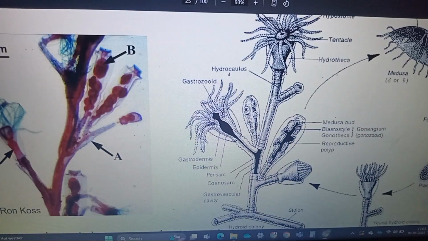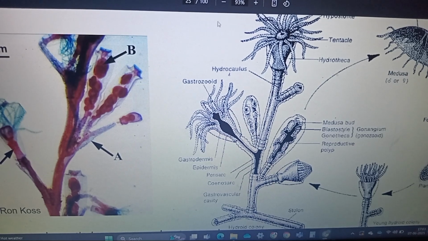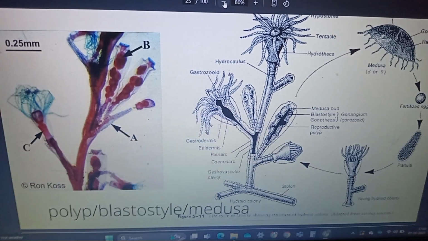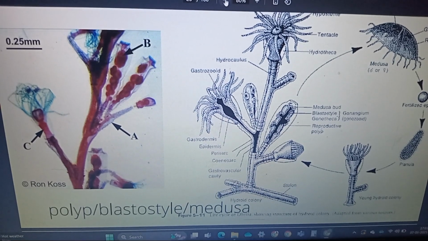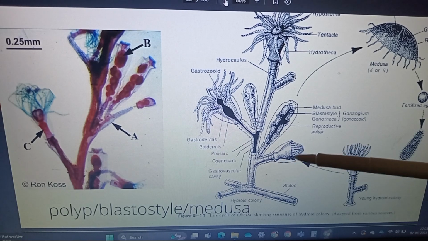This is the Obelia. The Obelia is characterized by the process of metagenesis in which both the medusa and the polyp form are present. This is the polyp form of the obelia.